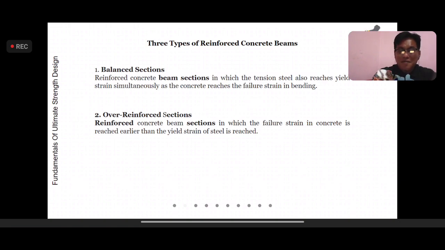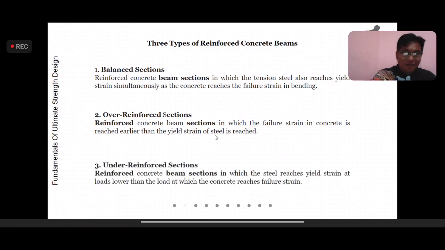So pag dinamihan mo ng bakal, bababa ng bababa ang moment. So hindi siya nagtatranslate sa paglakas ng section. Nag-create siya ng sitwasyon na maaaring ikabagsak ng structural element na yun. Kaya we do not allow over-reinforced. Dapat under-reinforced: reinforced concrete beam sections in which the steel reaches yield strain at loads lower than the load at which the concrete reaches failure strain.